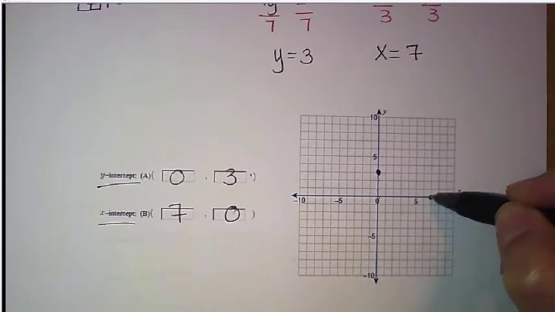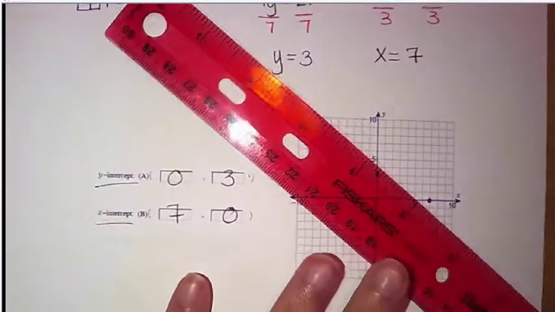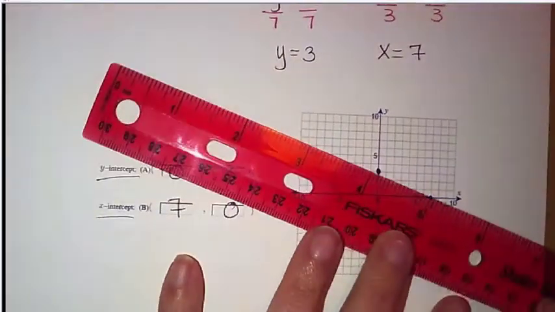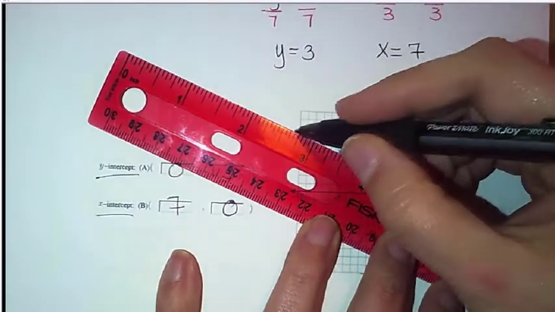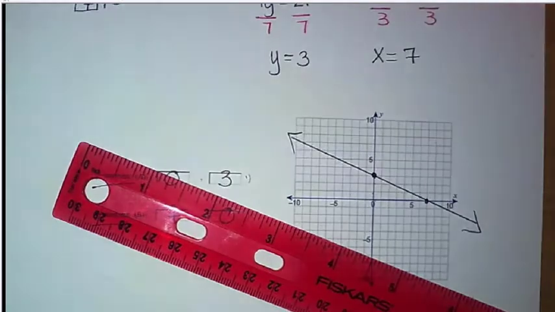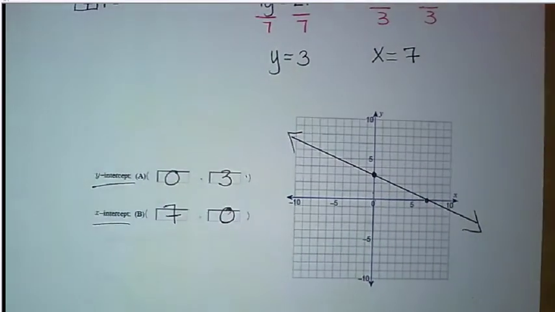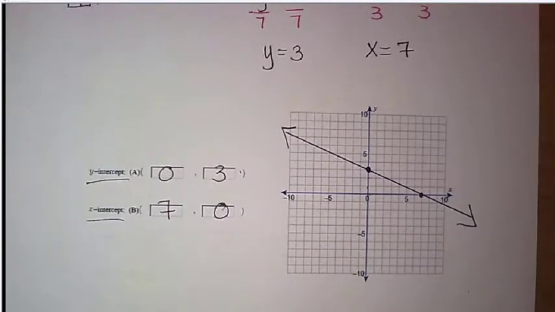We're going to stay at 0. And all we've got to do to draw our line is take our ruler and connect our dots, again making sure to go across our entire graph. And there's the line, 3x plus 7y equal to 21, graphing by finding our x and y intercepts.